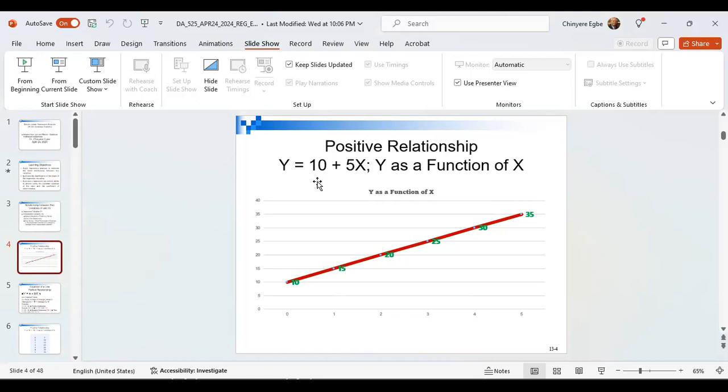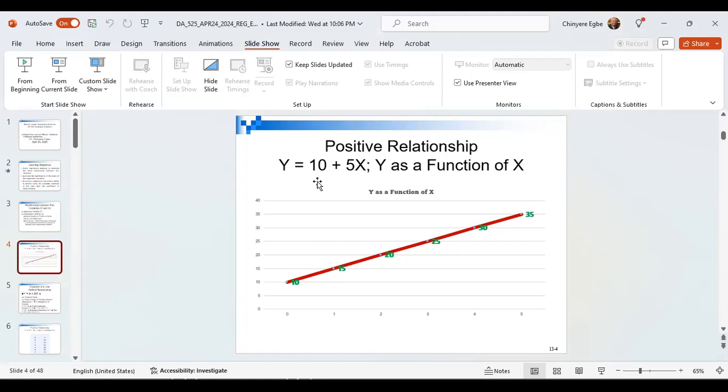We have the equation of the line, the constant is 10, and this is y equal to 10 plus 5x. So every time that x increases by 1, y will increase by 5, as you have in the illustration.